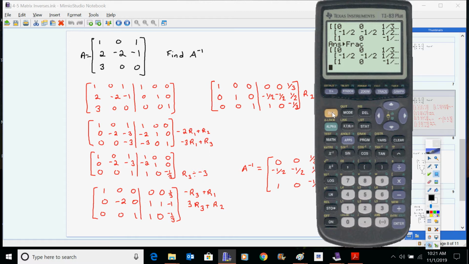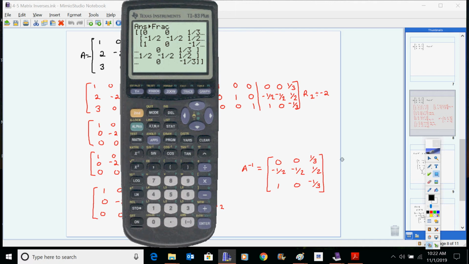So you could always go back and look at it just normal. You can click the right arrow, and the right arrow will help you to find it. Left arrow brings you back, right arrow keeps you going over to that. And then you've got your numbers, and you could just write the inverse down after you see it. 1, 0, negative 1/3.